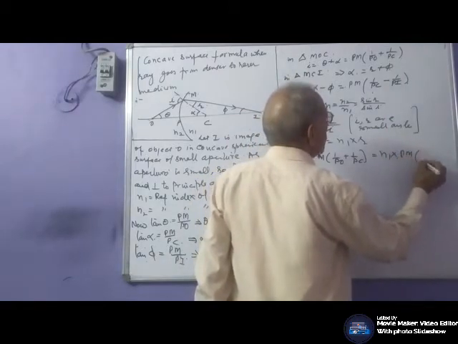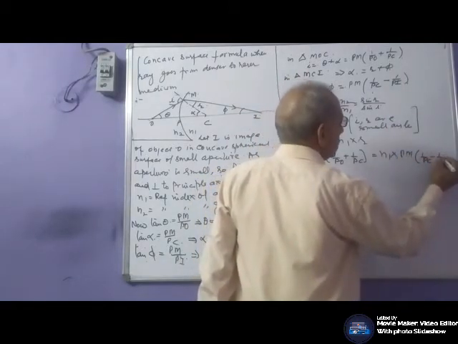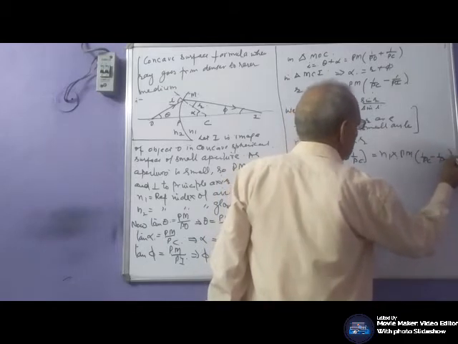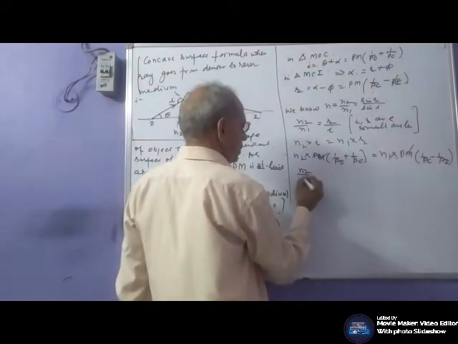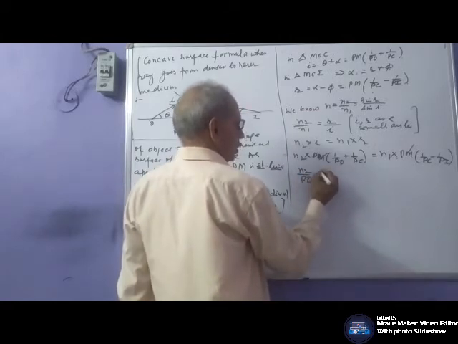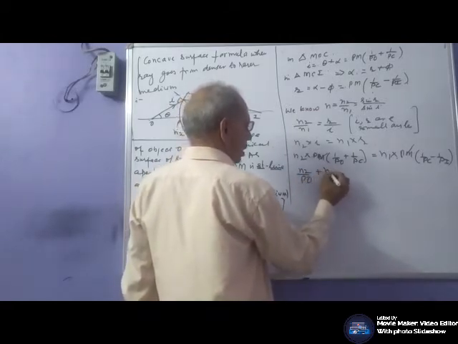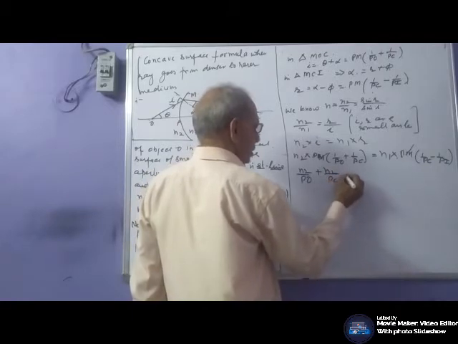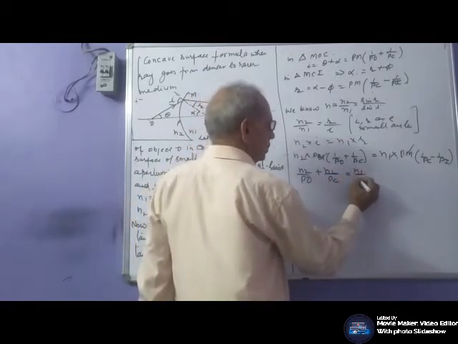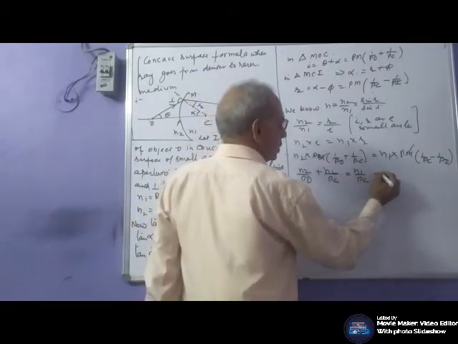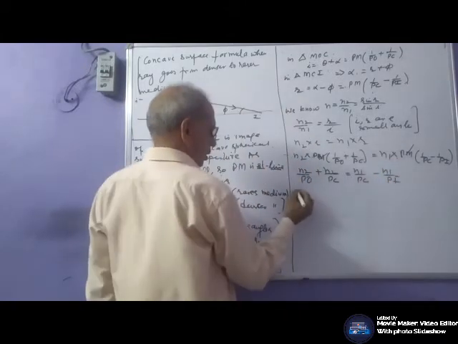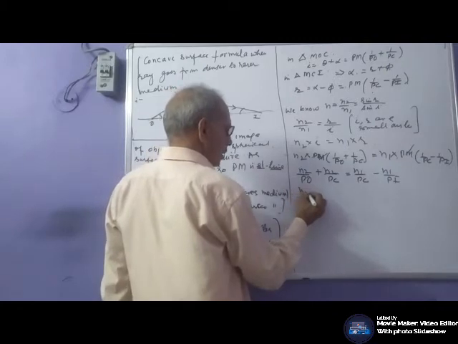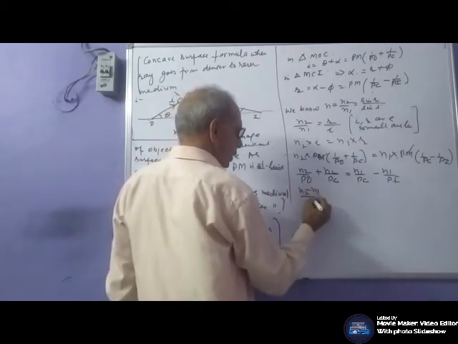PM 1 by PC, Pi, PM goes with PM, N2 by PO, N2 by PC, N1 by PC, N1 by Pi, or it is N2 minus N1 by PC.